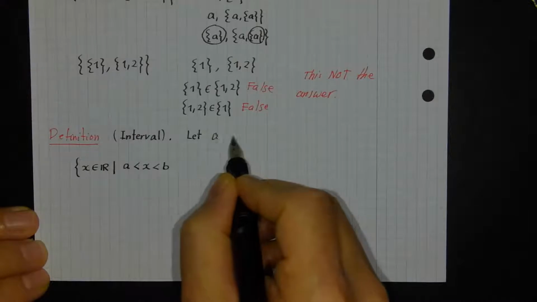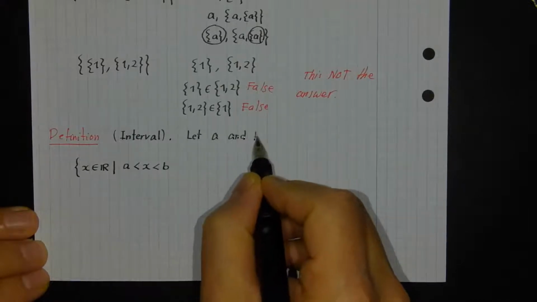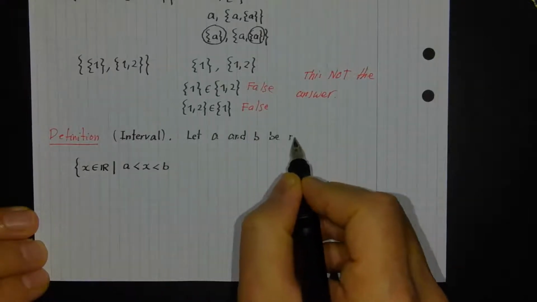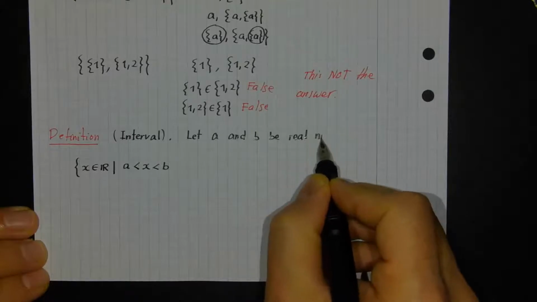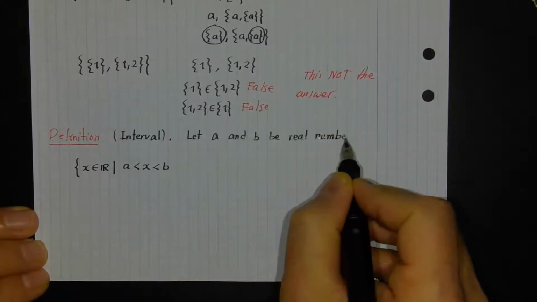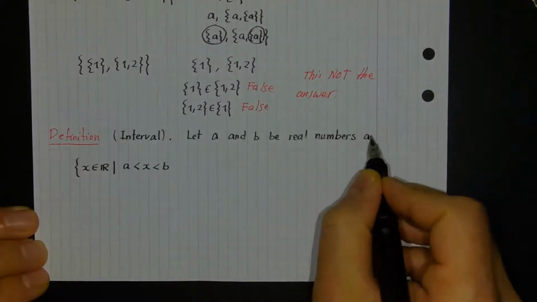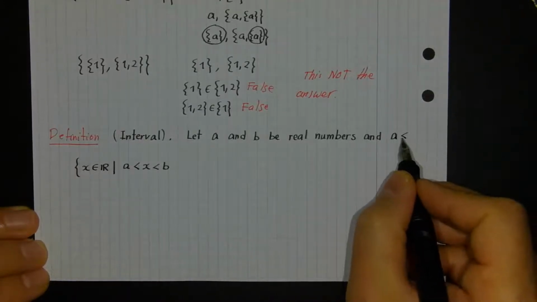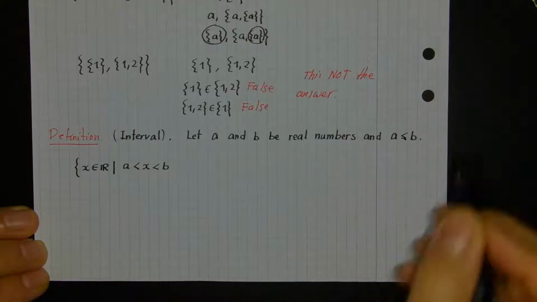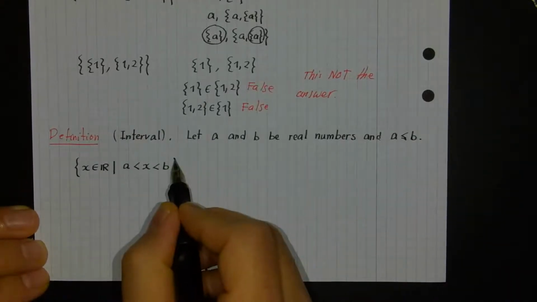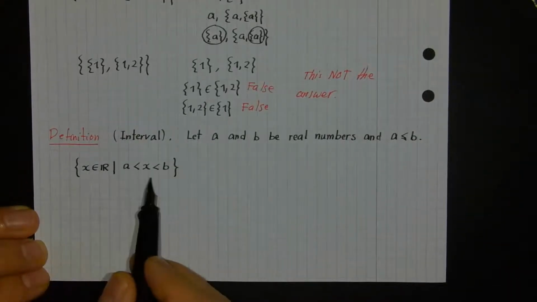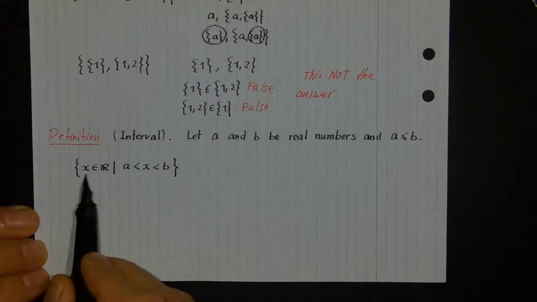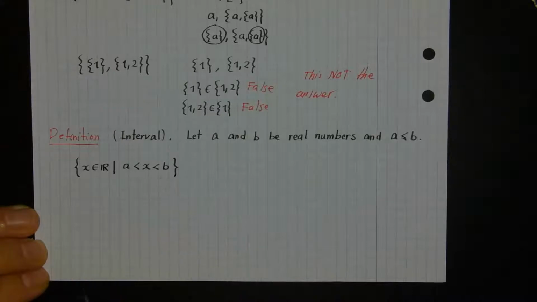Okay, so I would say that let a and b be real numbers and a is less than or equal to b. Okay, so this set is an interval. It tells you that I am interested in all real numbers which lie between a and b.